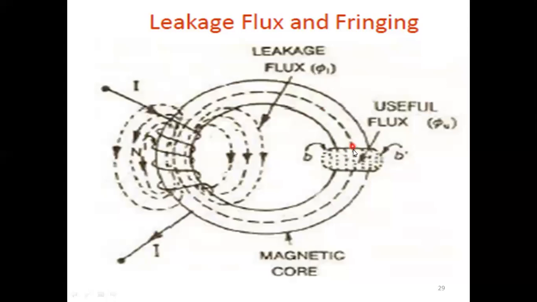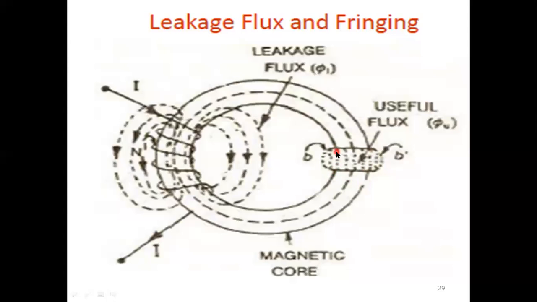So at the center of the area, whatever the flux will flow, that becomes the useful flux only. Here the area is this one, whatever the core width is there, that we are going to consider as the area. If the actual area of the air gap is here and here, but some bulge is there outside the required path, the flux should flow here only, up to here and here only.